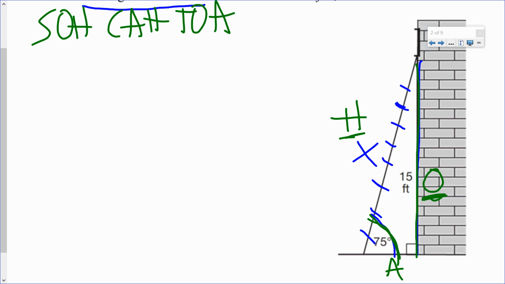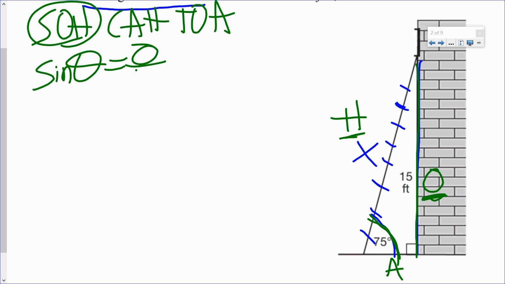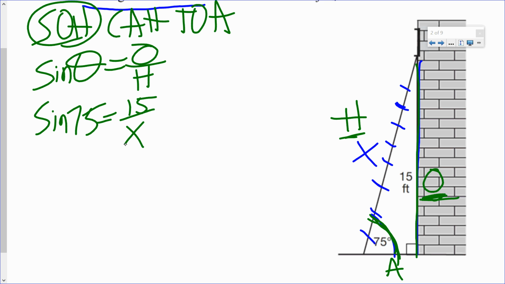O is 15, H is X. Sine theta equals O over H. Substitute the values in. Theta is 75, O is 15, H is X.